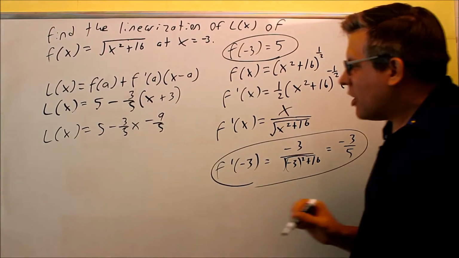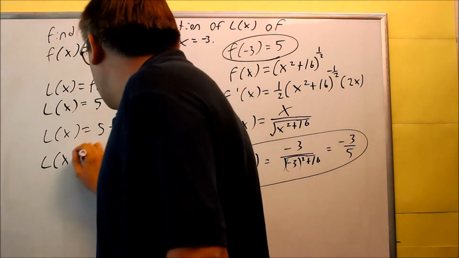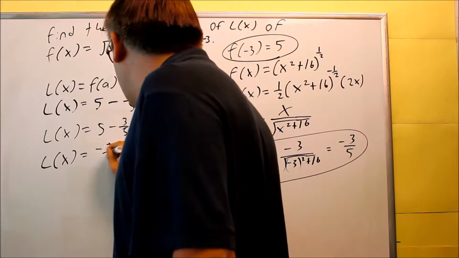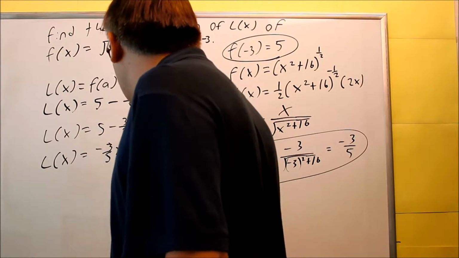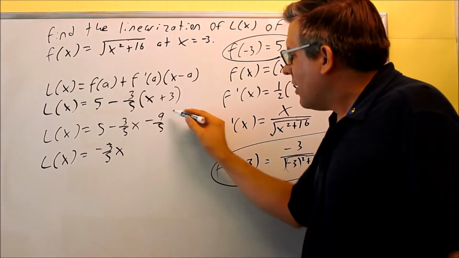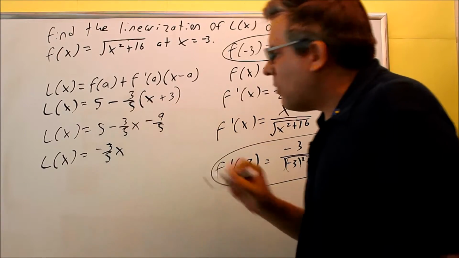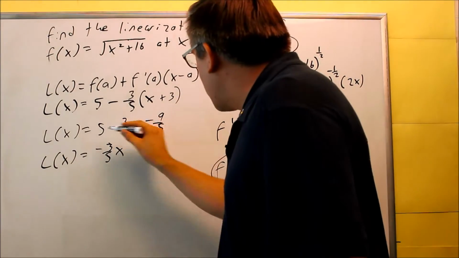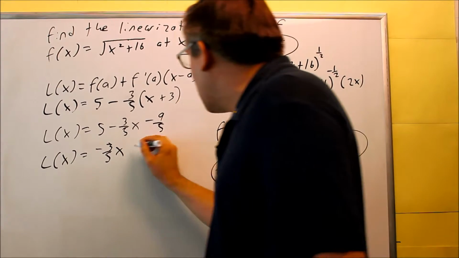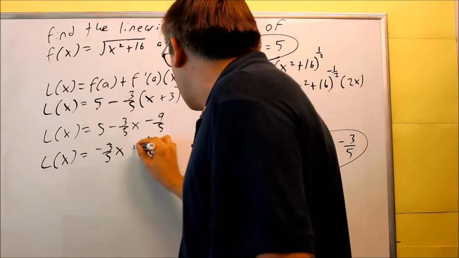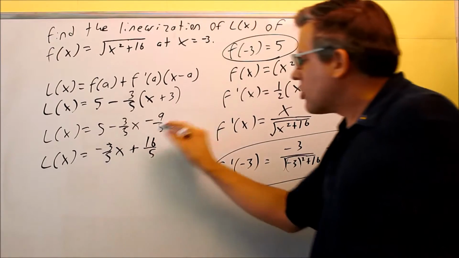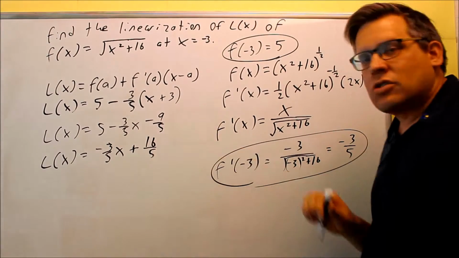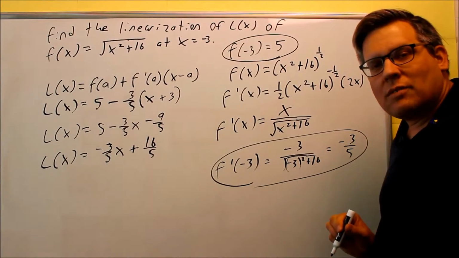We're going to do 5 minus 9/5. So -3/5 x, and then over here technically 5 is 25/5. So if I have 25 minus 9, that's going to give us 16/5 left. So this right here would be your linearization in slope-intercept form.